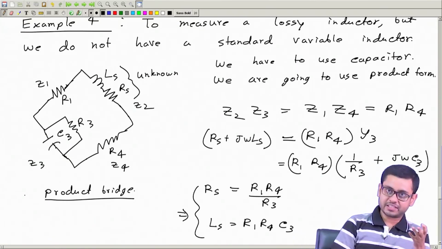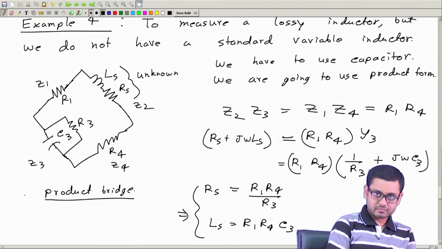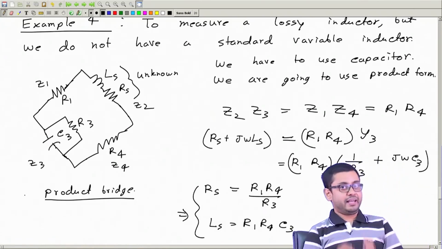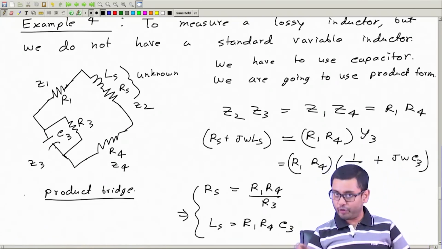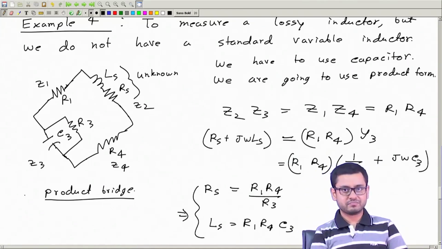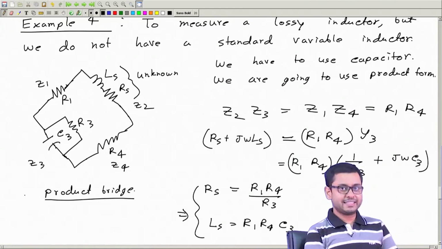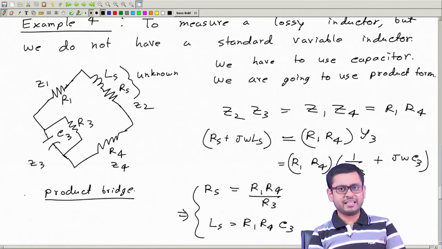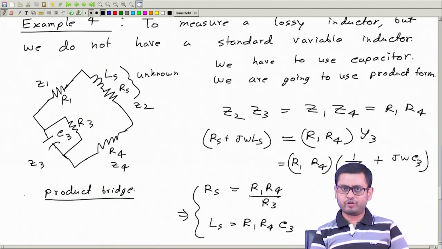We will take more examples in subsequent videos. The idea here is this topic AC bridge is very boring. Often it seems like we have to remember a lot of bridges. No, all bridges are designed keeping simplicity in mind. If you just design the bridges in either product form or ratio form, they become very easy.